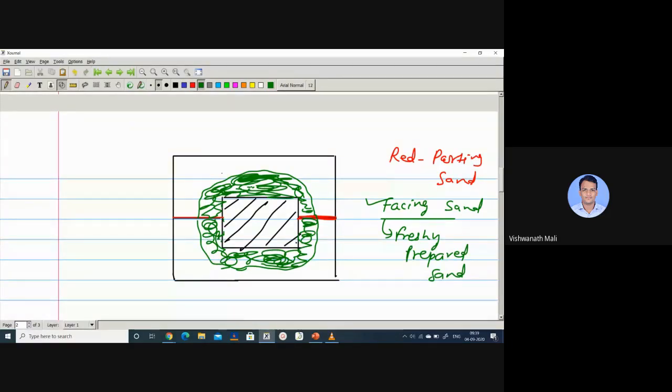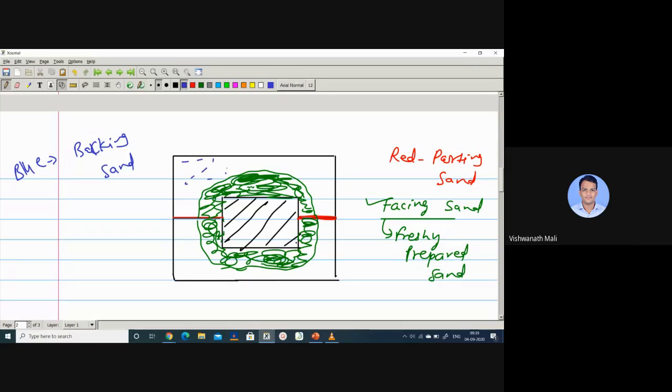Then whatever the remaining part is, I will draw with this blue color. This is called backing sand.